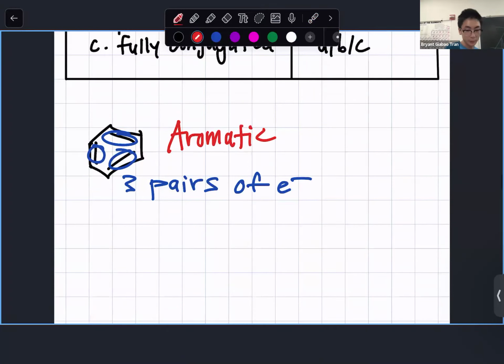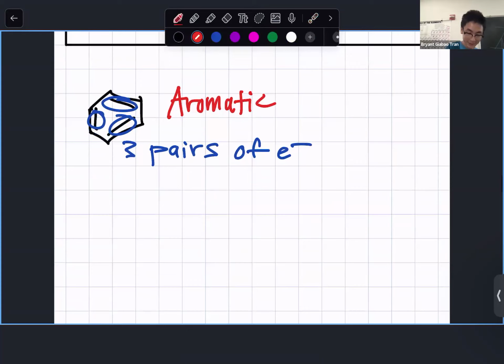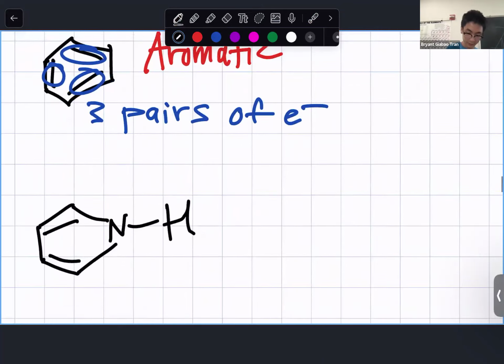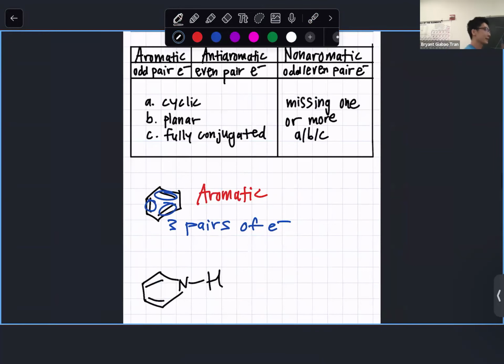And the pair of electrons does not have to be a double bond. It could be a lone pair of electrons. So let me give you an example of that here. Okay. So we see that this molecule here is cyclic in the ring. It is planar. And is this ring fully conjugated?